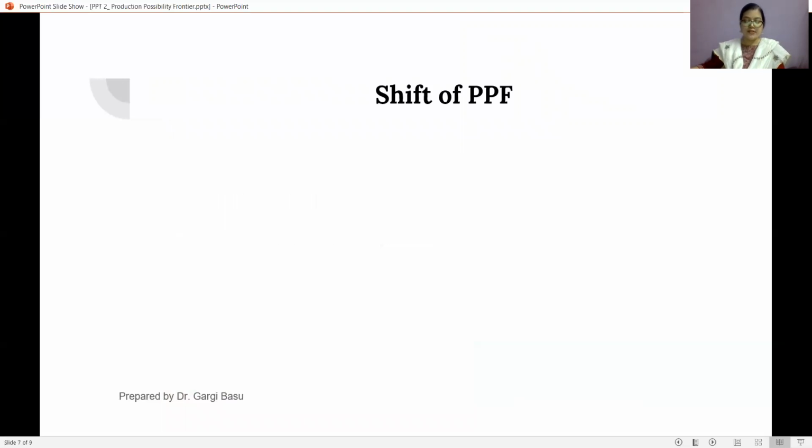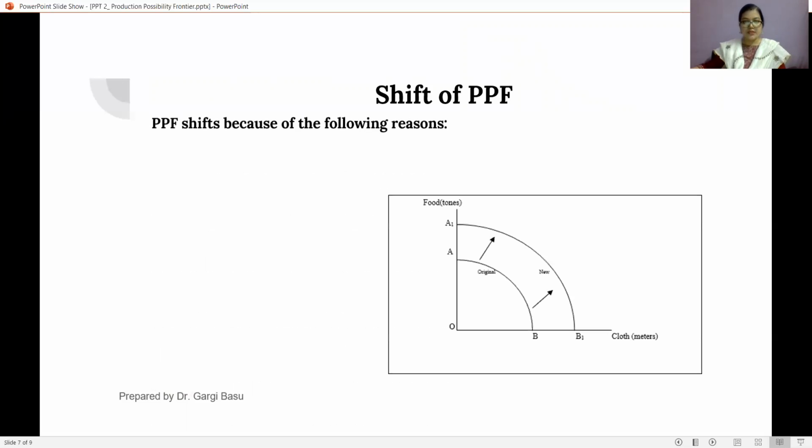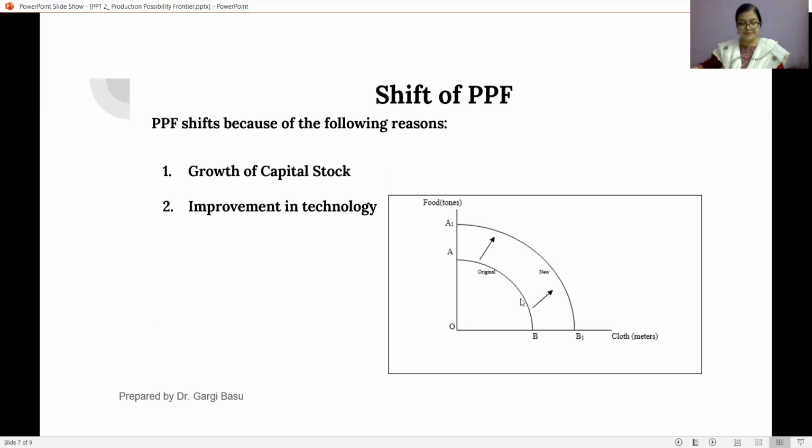Now we have to see how the production possibility frontier or production possibility curve shifts. Basically, the production possibility curve shifts because of the following reasons, that is growth of capital stock and improvement in technology. If a country stays on the AB curve, then the productive capacity of the society becomes static.